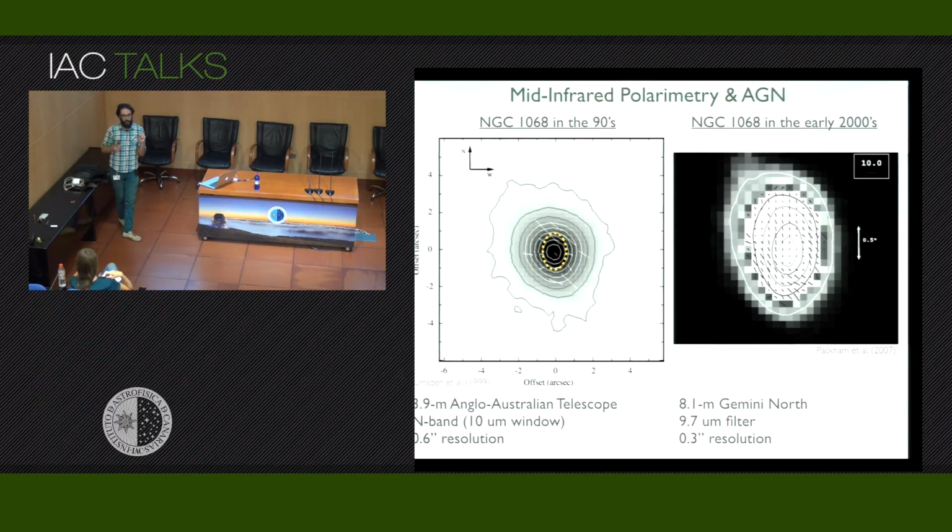The only problem here is that it was only observed in one wavelength, so we don't have the wide wavelength coverage that I was talking about before, so we cannot distinguish between the different mechanisms of polarization involved in the central region of 1068.